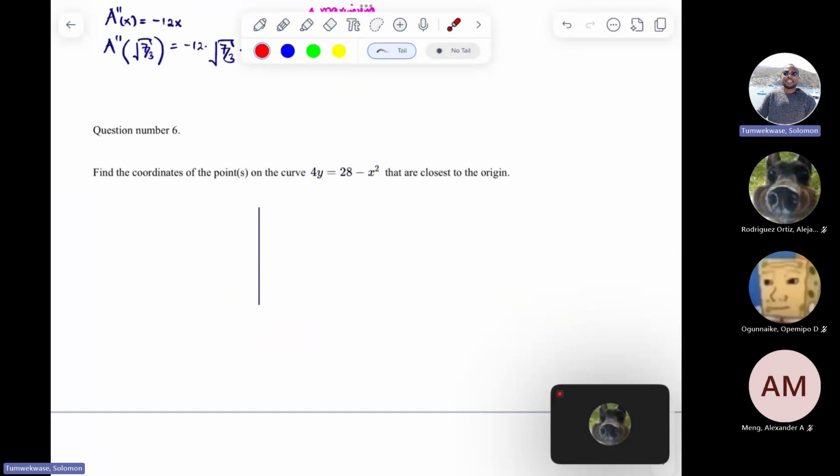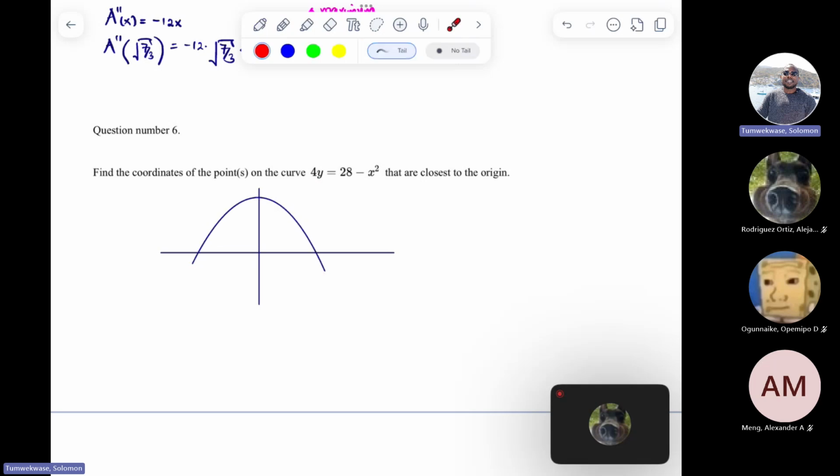This doesn't change the shape of the curve, it just changes where it cuts the axis.